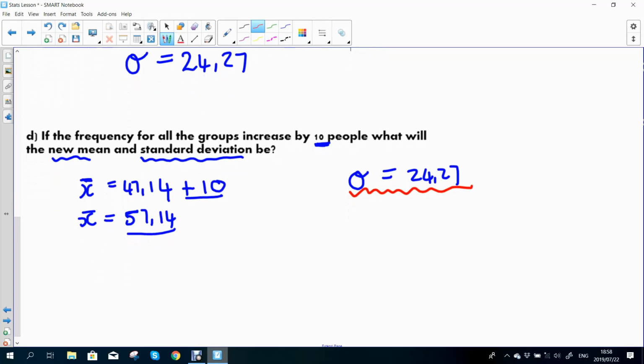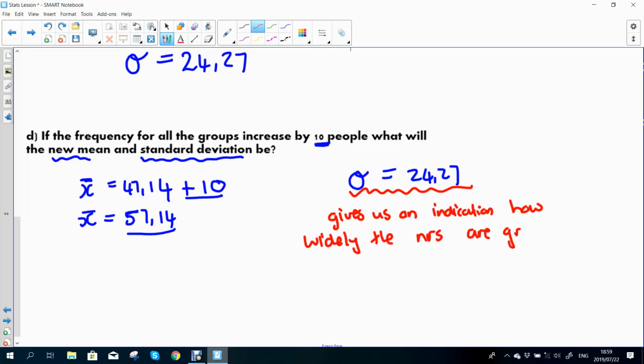The standard deviation, guys, gives us an indication of how widely or narrow the numbers are grouped to the average.